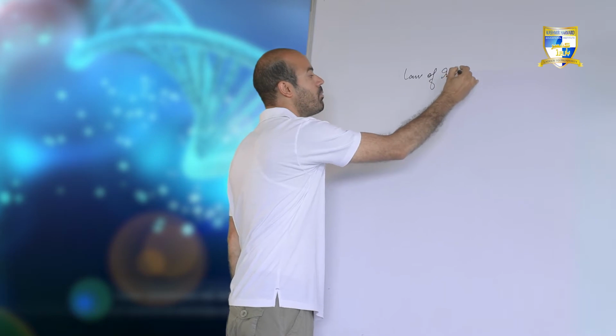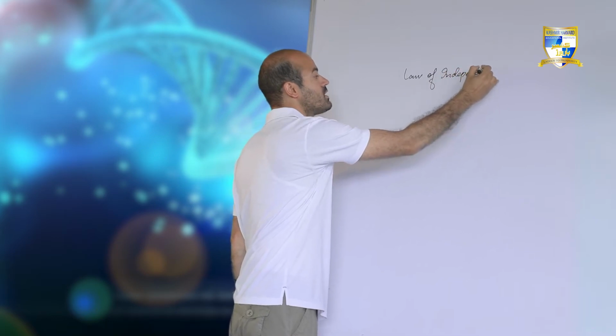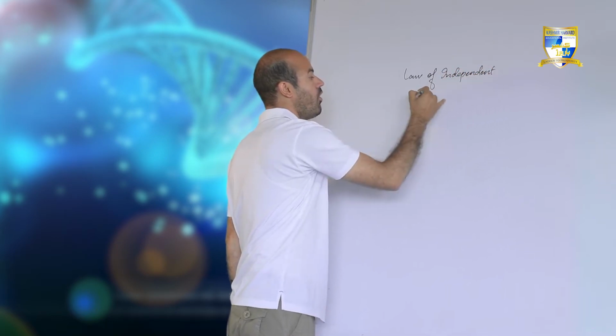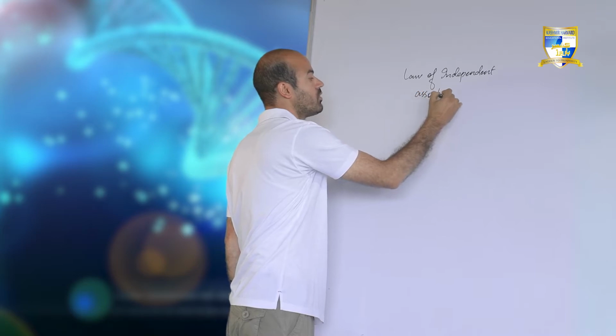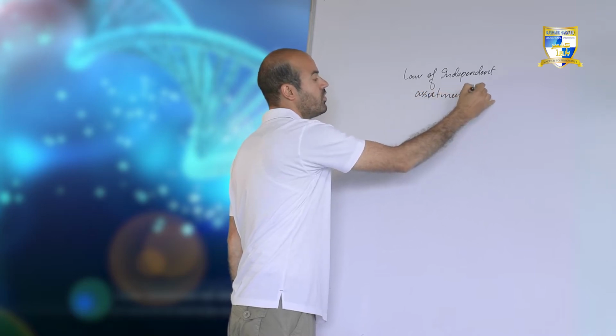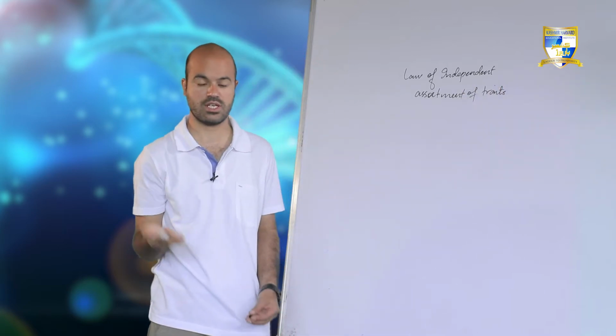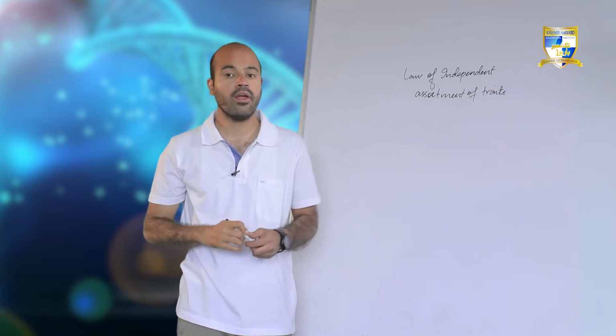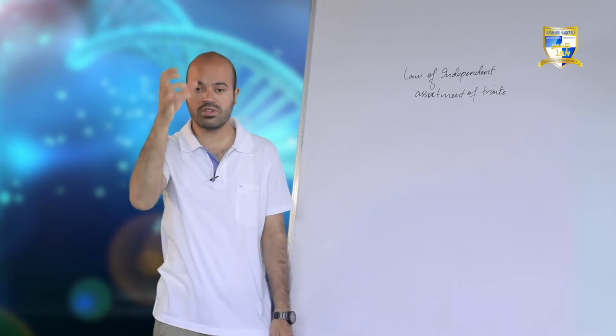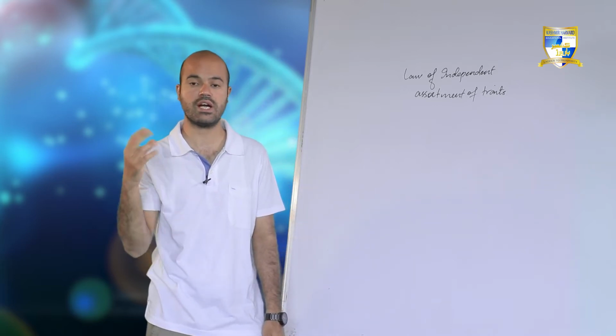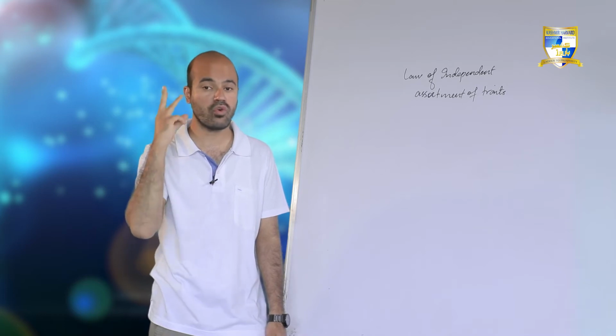Law of independent assortment of traits, or you can say characters. It's one and the same thing. If you carefully observe the phenotypic ratio of the dihybrid cross, we got 4 combinations.